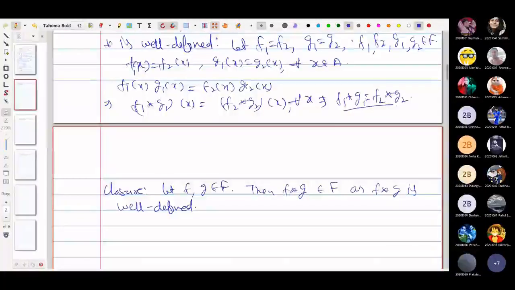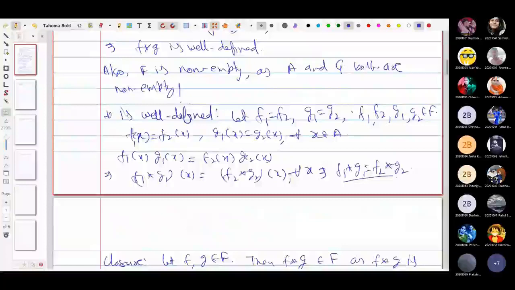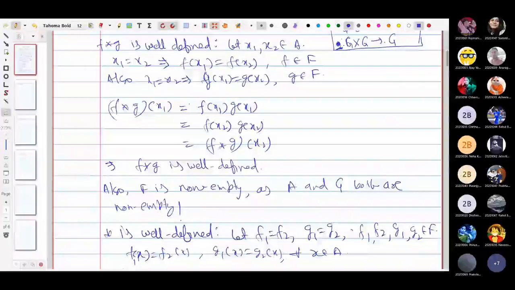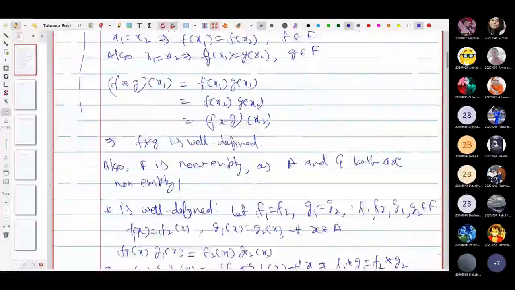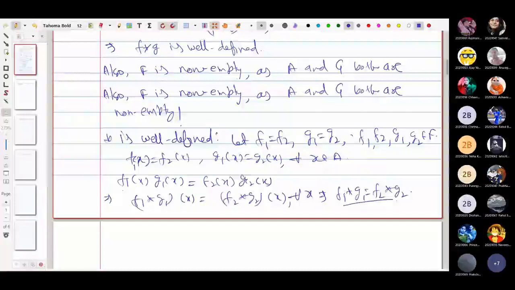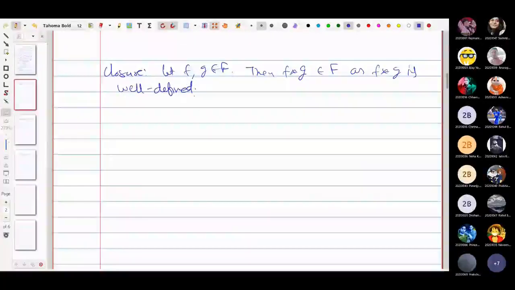One thing is that you may keep this here to prove that f star g is well defined. It is not necessary that you keep it in the beginning. Of course, you can prove that star is well defined, but for closure, you can keep it here.